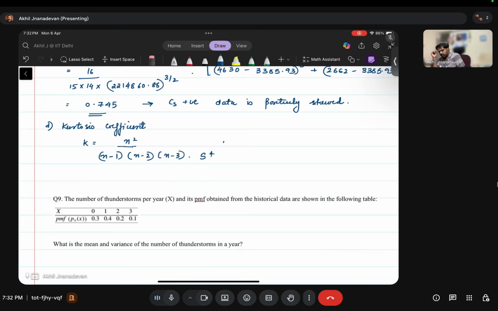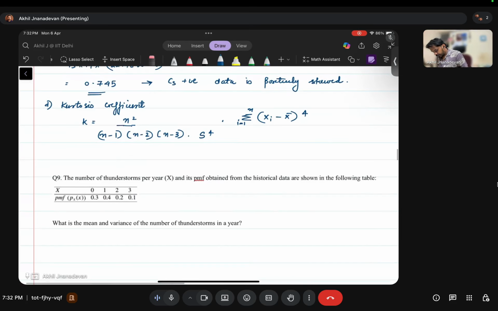Then the summation term, that is the summation of i equal to 1 to n, the fourth moment about the mean, xi minus x bar whole raised to 4. That's the fourth moment.